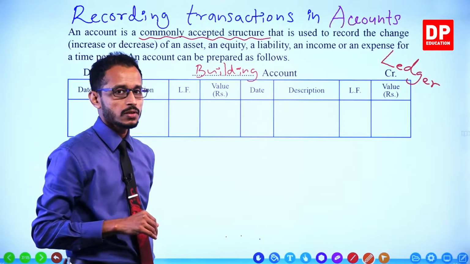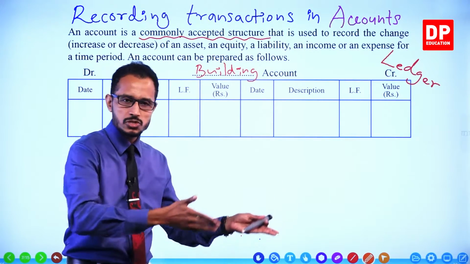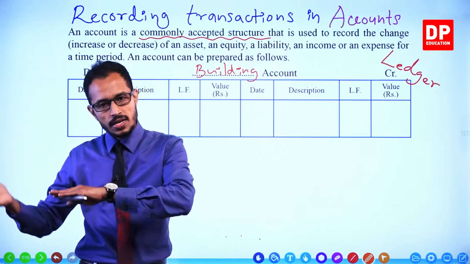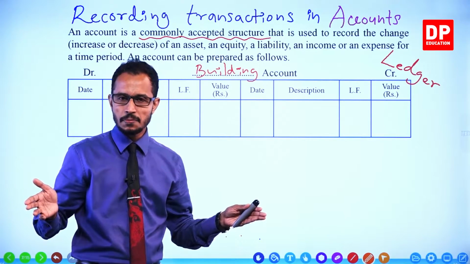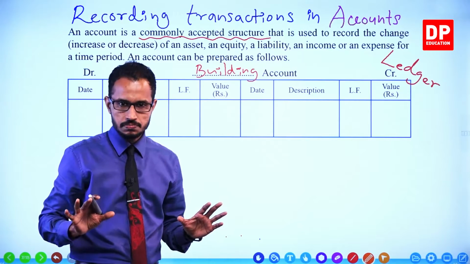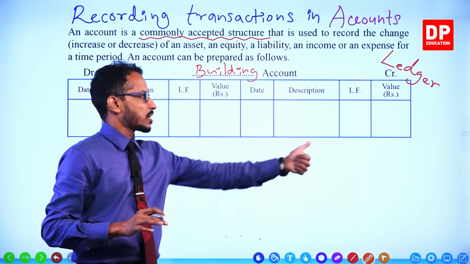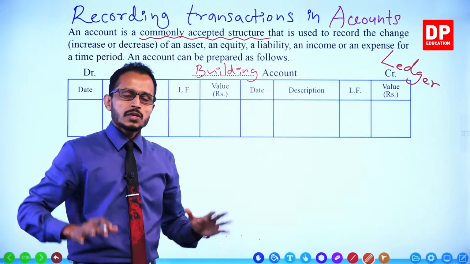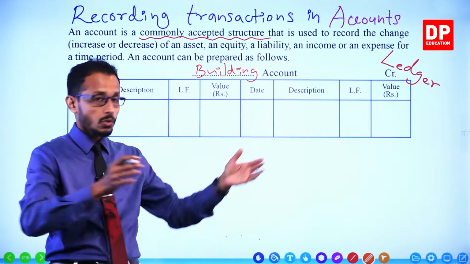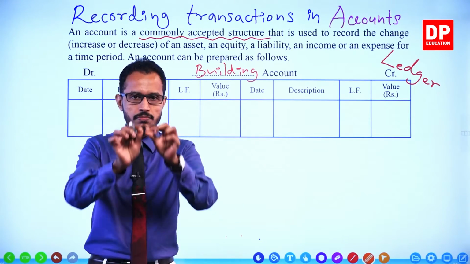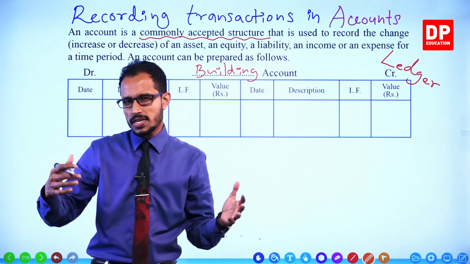Because in real life, all over the world, the double entry system is used to record transactions, and transactions are recorded in these accounts. These accounts should be drawn in books.